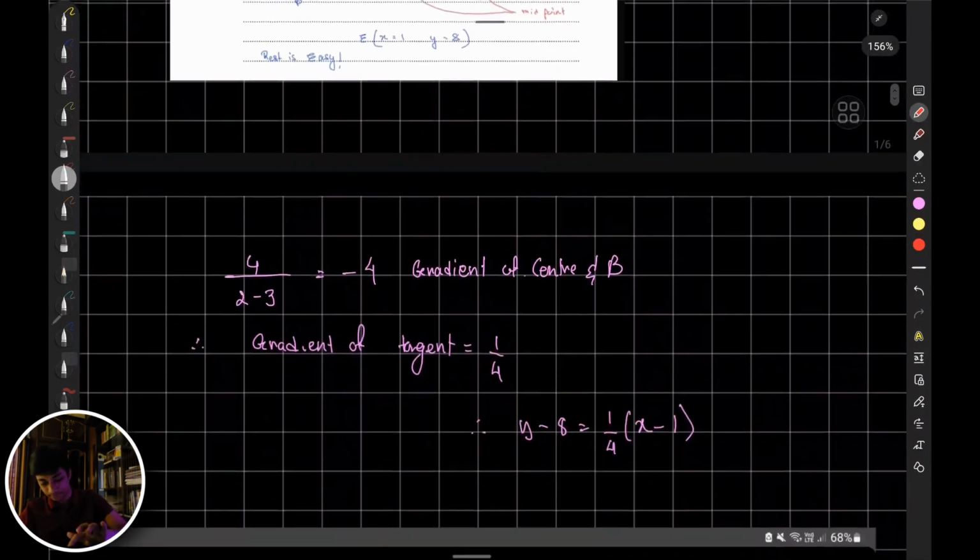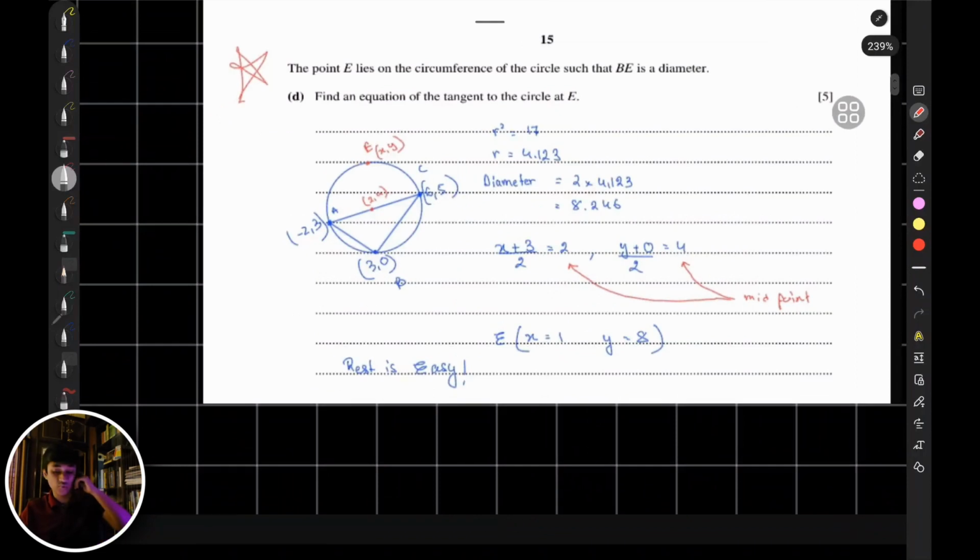What do you do over here? What is the question? The point E lies on the circumference of the circle such that BE is the diameter. Great. So BE is aligned such that it is the diameter of the circle, meaning it goes through the center of the circle. Interesting. Find the equation of tangent to the circle at E. Fair enough.